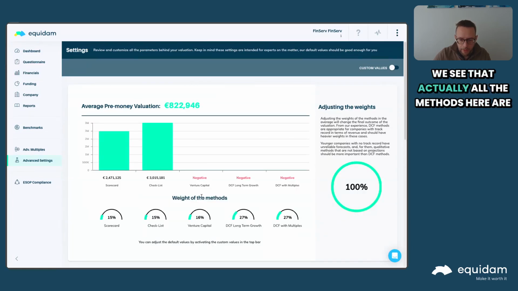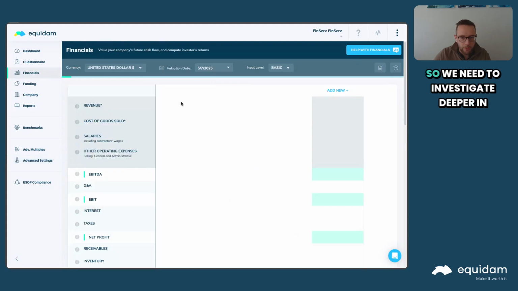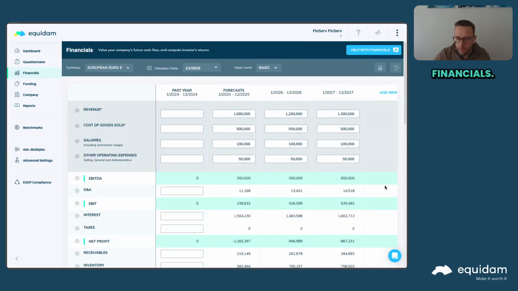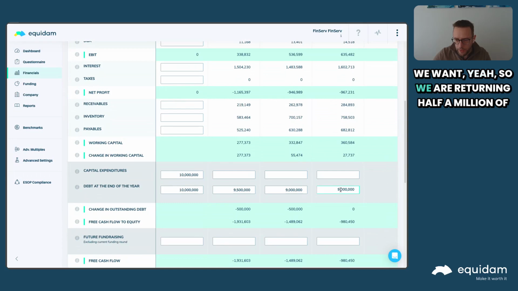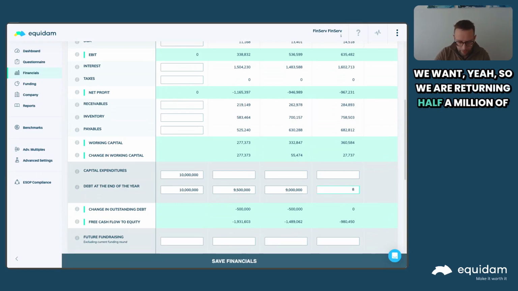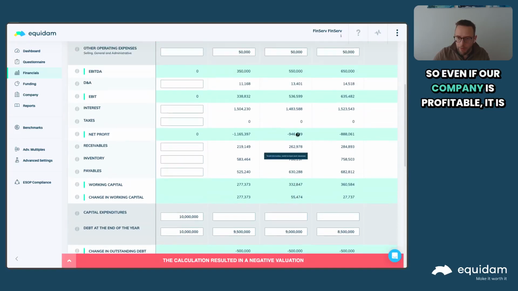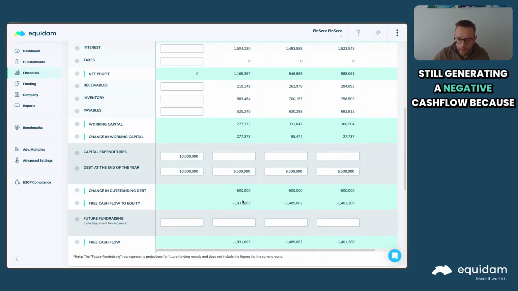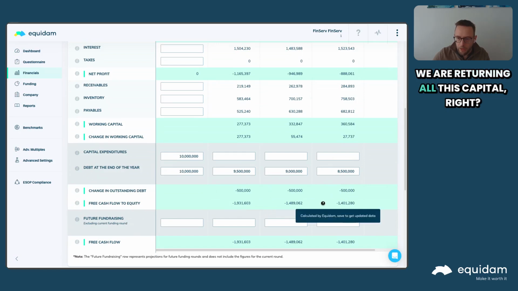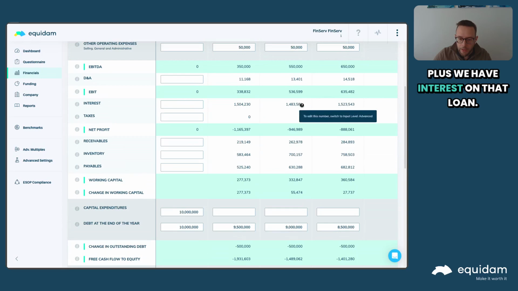So we go check advanced settings, and we see that actually all the methods here are negative. All the financial methods are negative, so we need to investigate deeper in the financials. We are returning $500,000 of capital every year. So even if our company is profitable, it is still generating a negative cash flow because we are returning all this capital, plus we have interest on that loan.